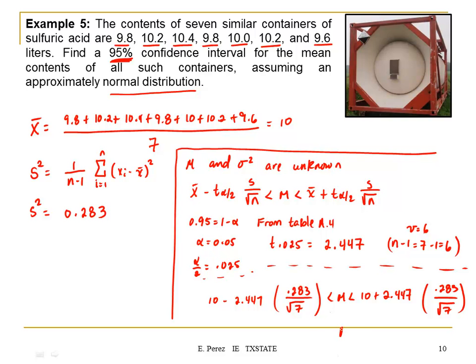And if you solve this, mu is within 9.74 and 10.26.